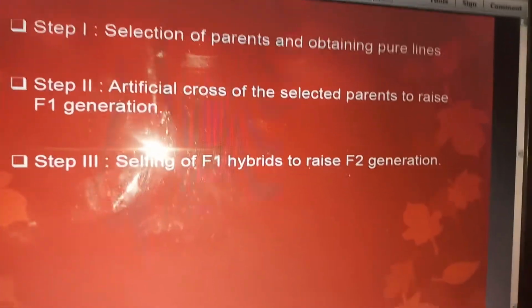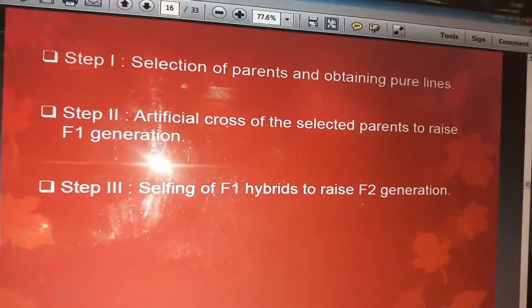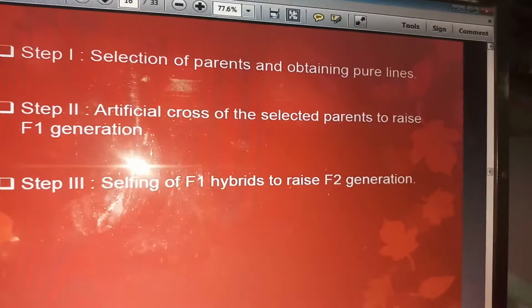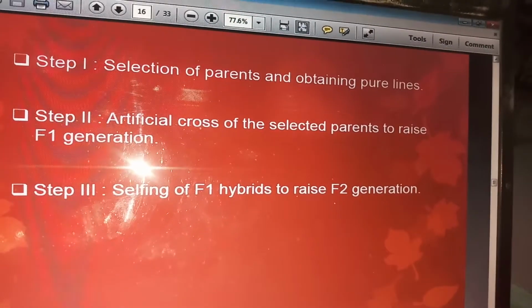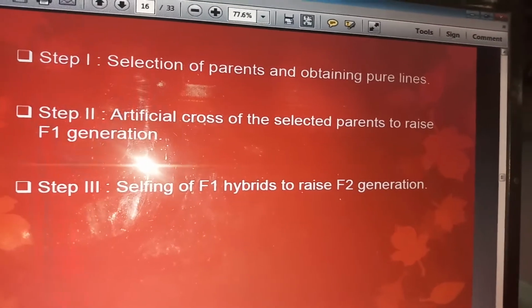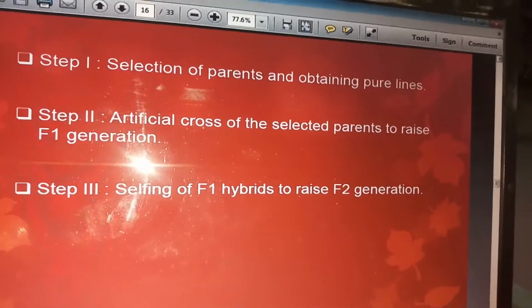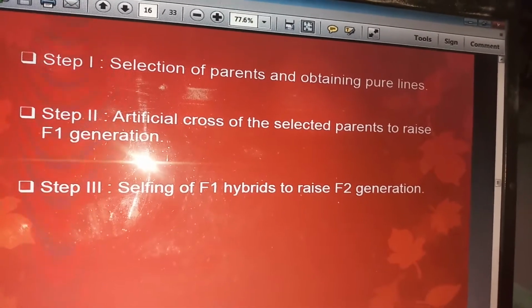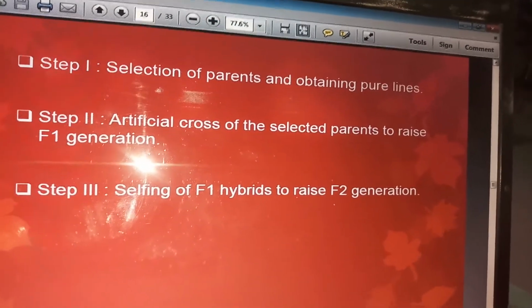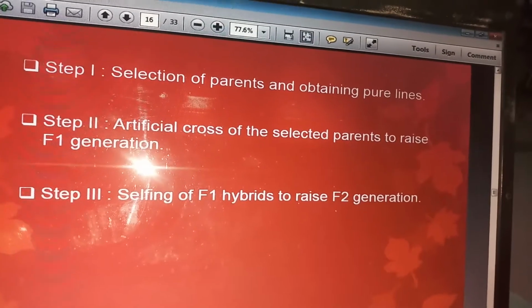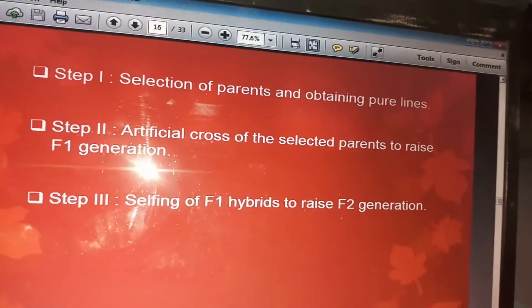Step 1 was selection of parents and obtaining pure lines. Step 2 was artificial cross of the selected parents to raise the F1 generation, and step 3 was selfing of the F1 hybrids to raise the F2 generation. So he performed his experiments in 3 steps.